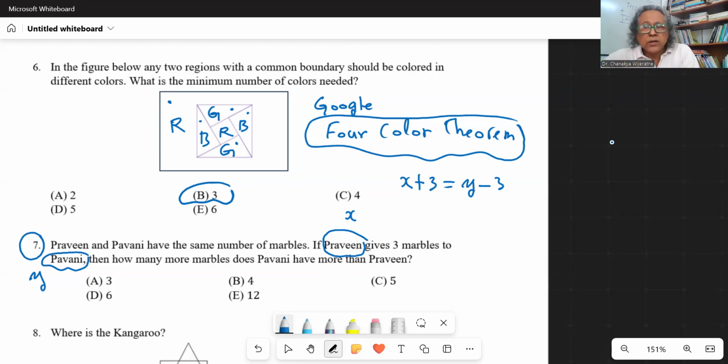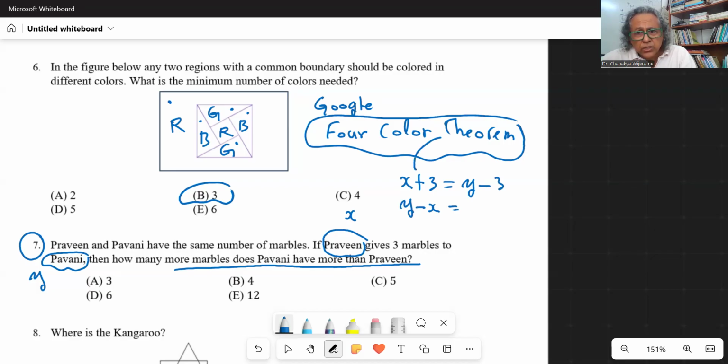And now this is an equation in two unknowns, x and y. We want to find out how many more marbles Pavani has than Praveen. So that is actually y minus x.